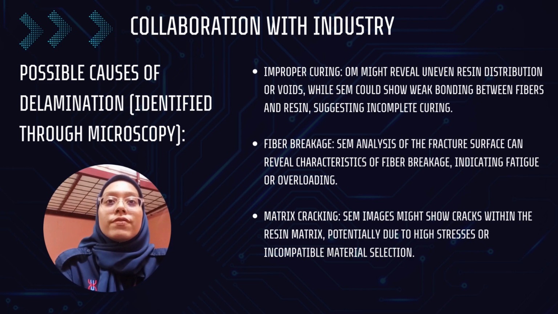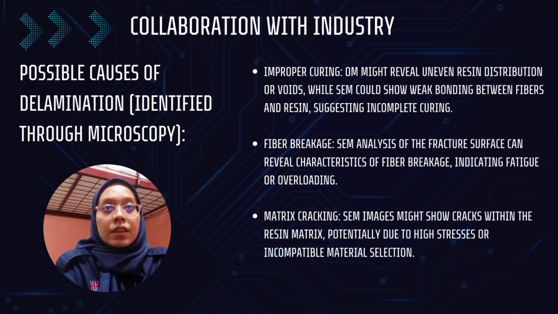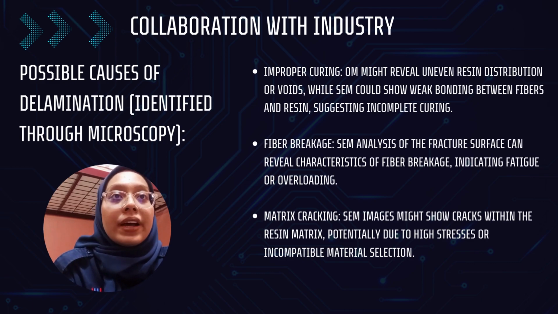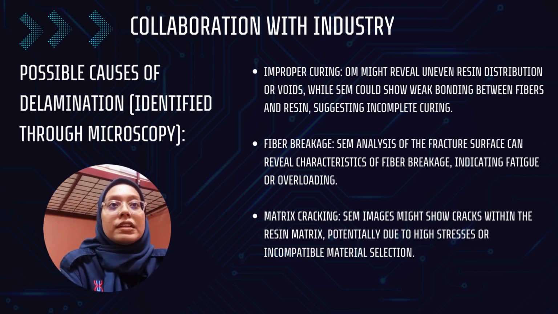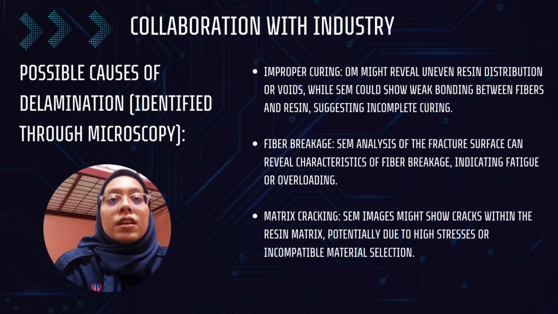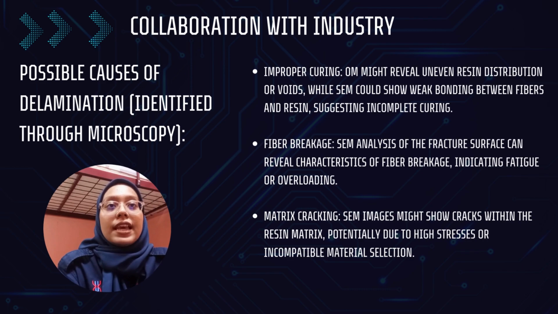Next, we go to possible causes of delamination identified through microscopy. Improper curing: OM might reveal uneven resin distribution or voids, while SEM could show weak bonding between fiber and resin, suggesting incomplete curing. Next, fiber breakage: SEM analysis of the fracture surface can reveal characteristics of fiber break, indicating fatigue and overloading.